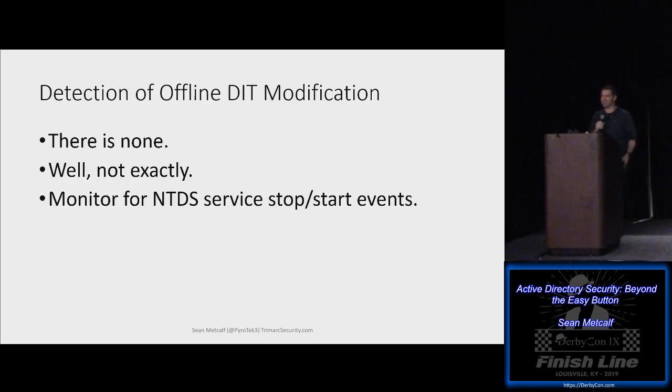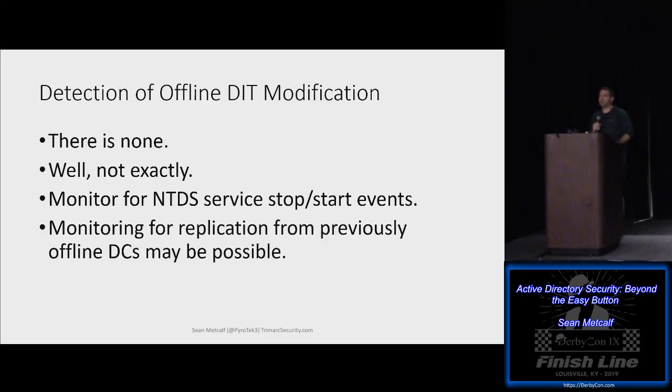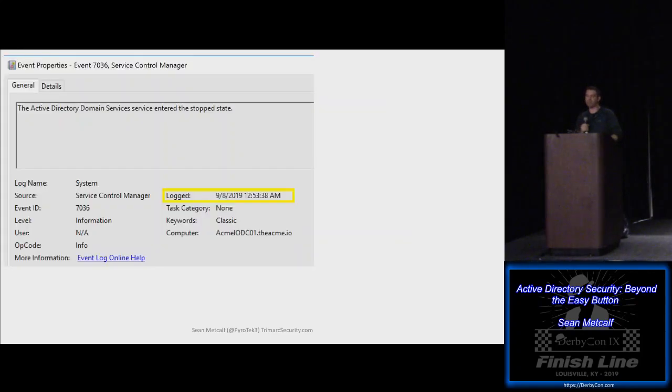It's like, okay. But we might be able to monitor for replication to see when a DC is offline and then comes back up, if it's doing some replication all of a sudden. Now, this may be something that the system crashed and it had some changes it still needed to replicate, but it's something that might be interesting.